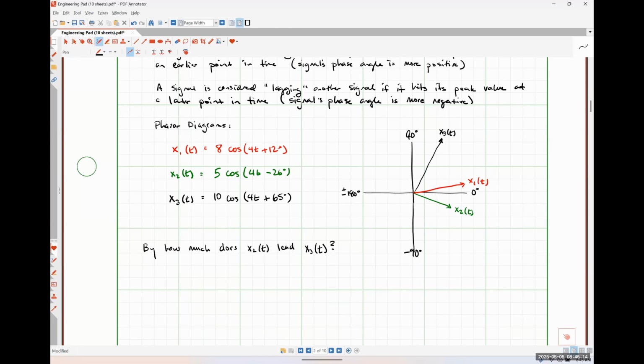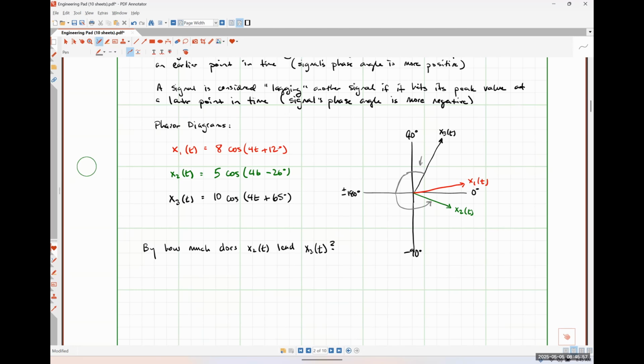Okay. So let's talk about how we use a phasor diagram to answer this question, okay? So X3 is our reference signal, okay? So that's where we're going to start our measurement from, and we are just going to keep on going until we hit X2. So when we're measuring leading, what we're looking for is a more positive phase angle. So we're going to have to go around our phasor diagram in a counterclockwise direction, okay? So I would start measuring from X3, and I'd go this way for leading, and I keep going until I hit X2, like so.